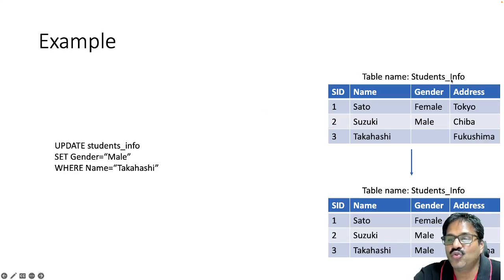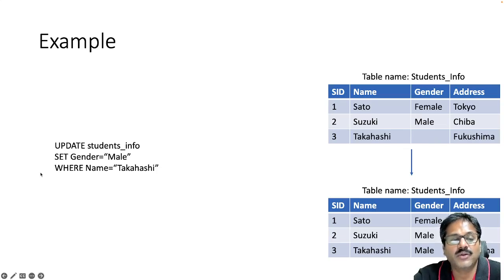Here is one example. I have a students info table. Here, if you see, the row with SID 3, Takahashi, has no gender information. I want to say Takahashi is male.